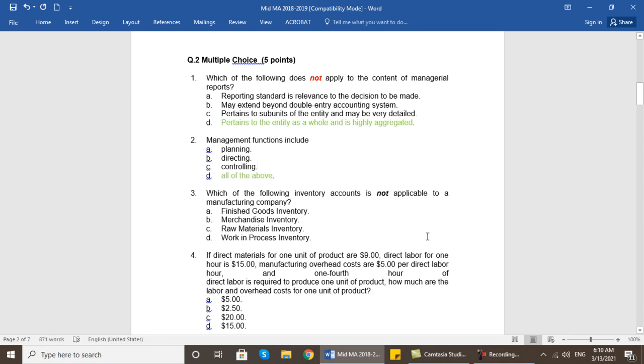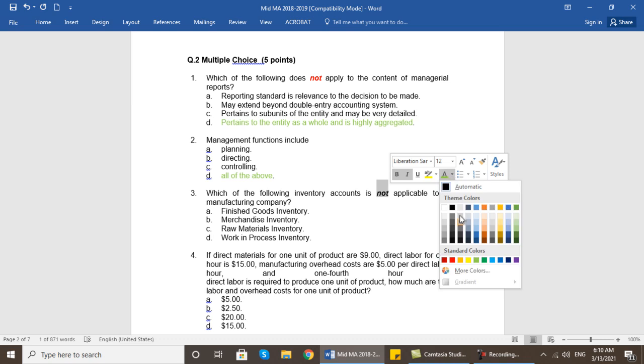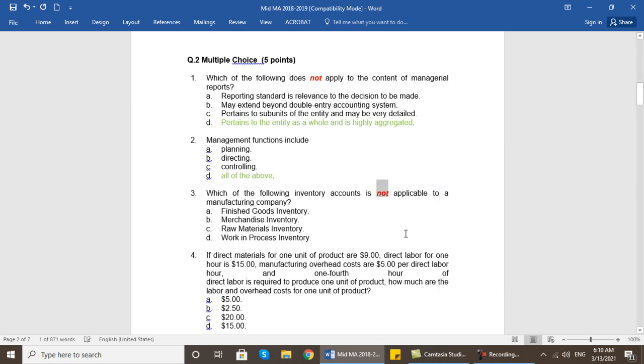Number 3. Which of the following inventory accounts is not applicable to a manufacturing company?